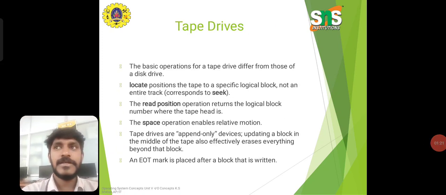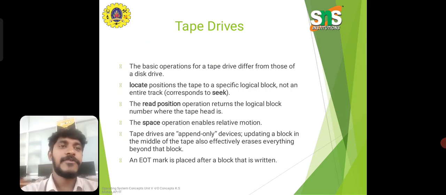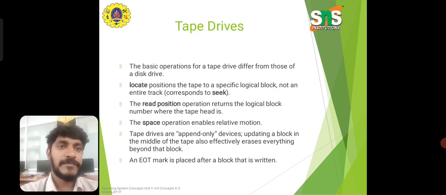The basic operations for a tape drive differ from those of a disk drive. Locate positions the tape to a specific logical block, not an entire track, and corresponds to seek. The read position operation returns the logical block number where the tape head is.